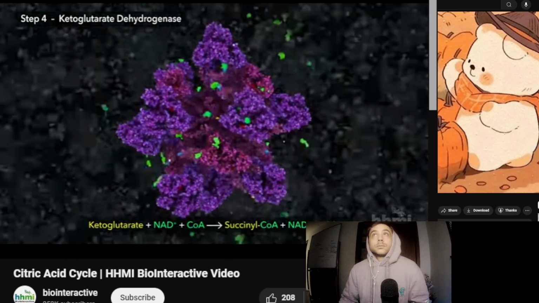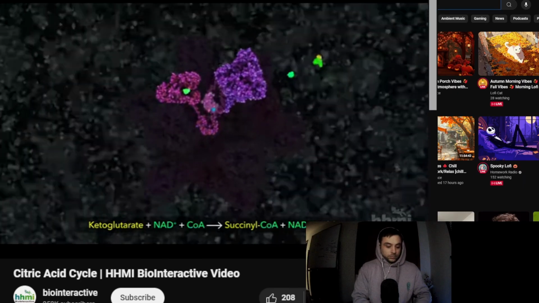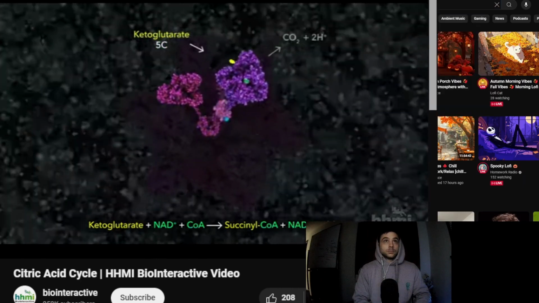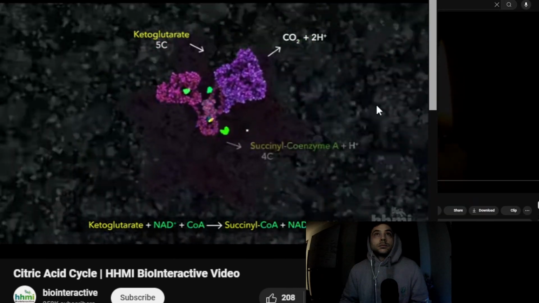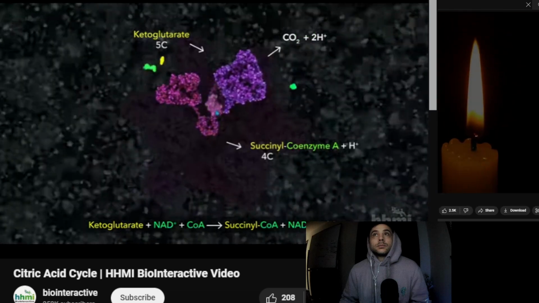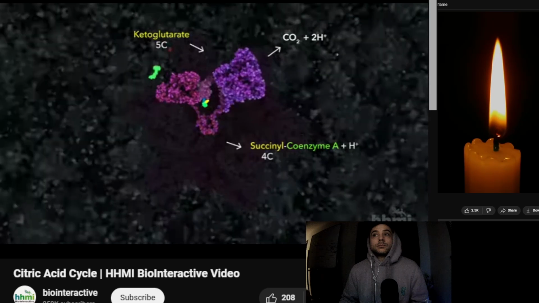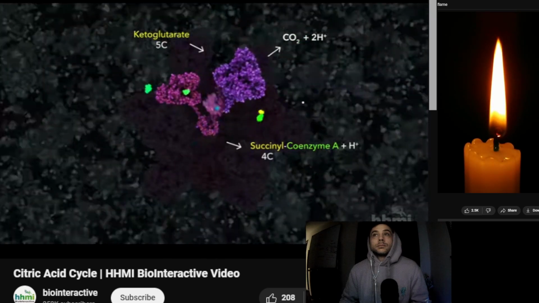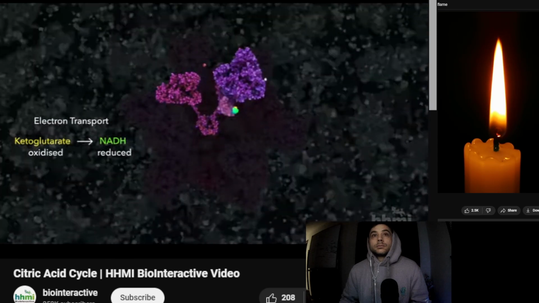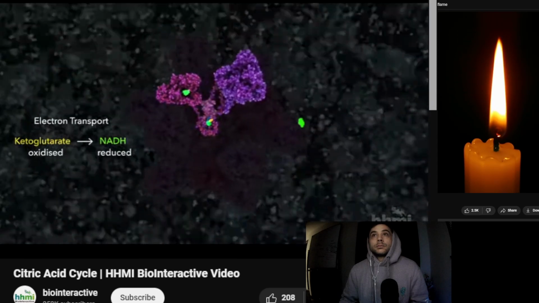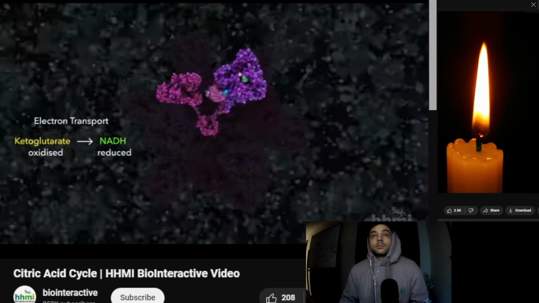The large complex is made with a repeating unit of 3 core enzymes, working in sequence to remove a carbon atom from ketoglutarate, generating carbon dioxide waste, then attaching 4-carbon succinyl to coenzyme A. The electron from ketoglutarate oxidation is retained by the tethered enzyme before passing it to coenzyme NADH, which delivers electrons to the electron transport chain.